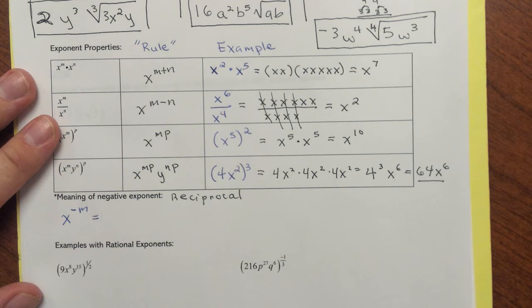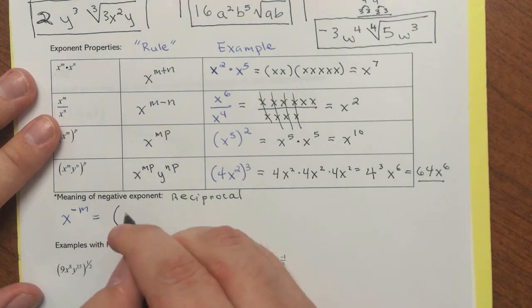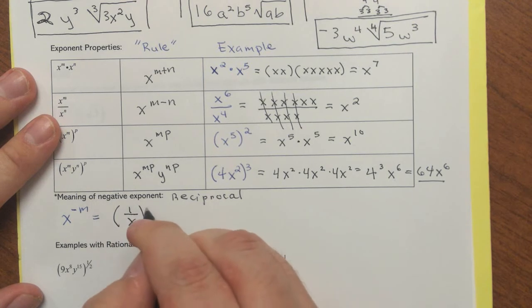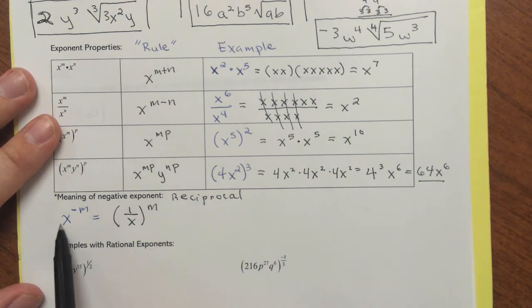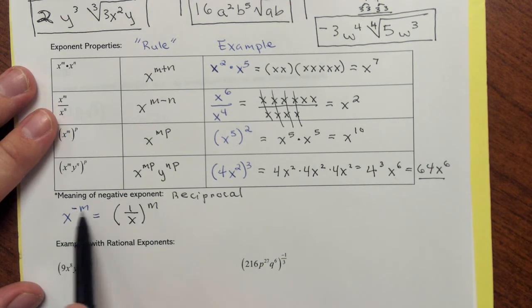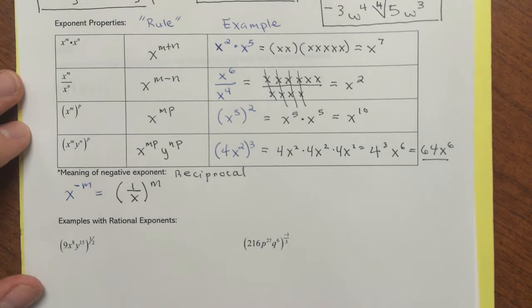So if I see x to the minus m, then that is effectively the same as 1 over x to the m. I take the reciprocal of the base, and I change the sign of my exponent.